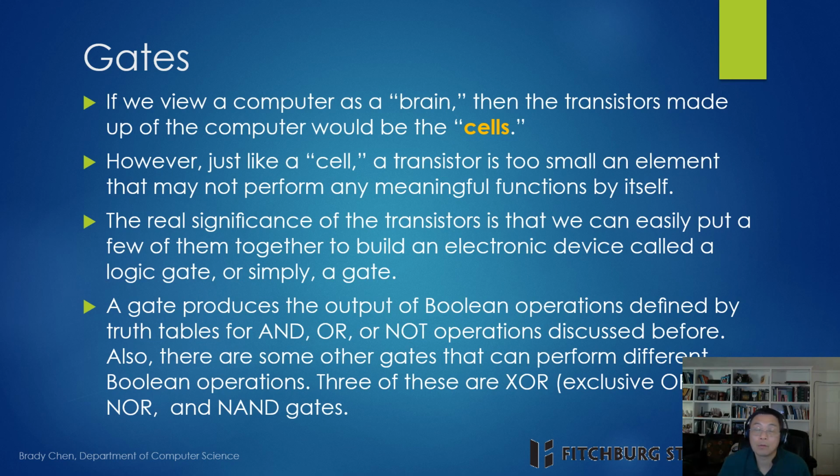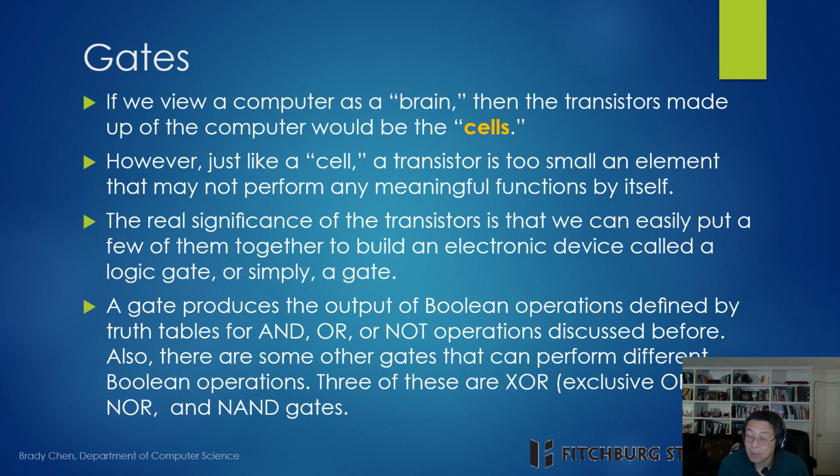However, because a transistor is too small a component, it cannot do any meaningful things by itself, just like a cell. So we need to build human organs from the cells, and similarly we use transistors to build bigger components.